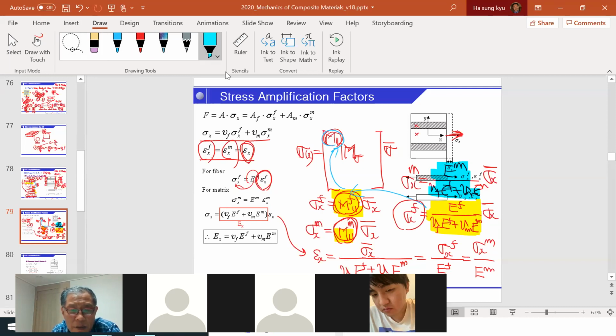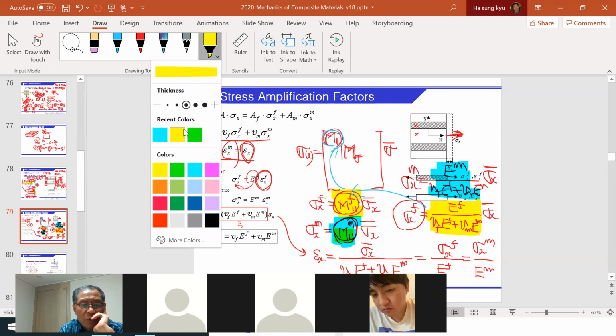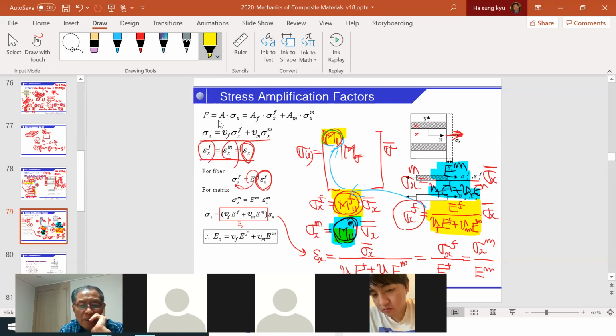So I hope this can be understood well, and I hope that this derivation will help you better understand the stress amplification factors. Again, once you have the stress amplification factor, you can easily calculate the local stresses.